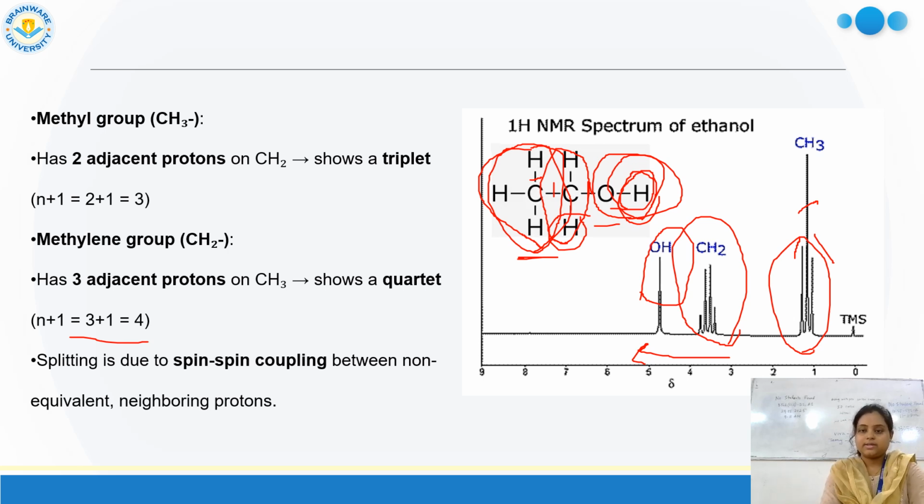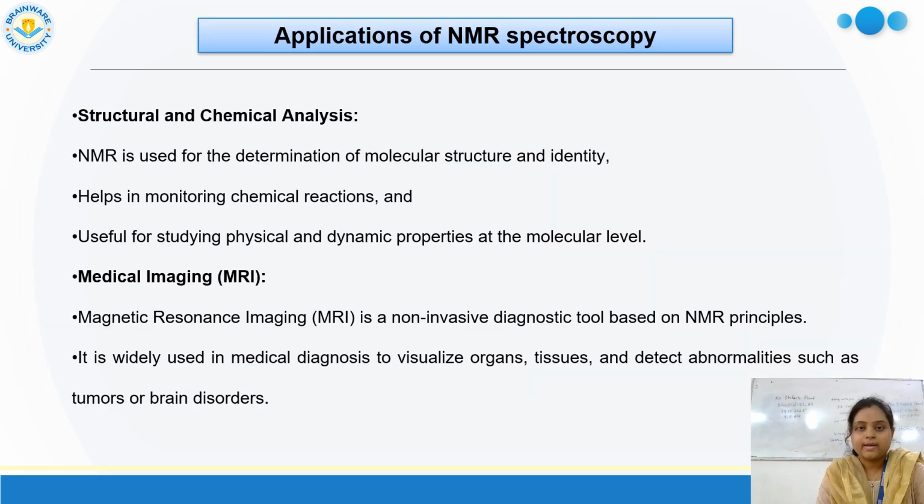Okay, this much is the interpretation of NMR spectra, the very basics. But what is the application of that? Basically, we get an idea of the chemical structure from NMR spectra.